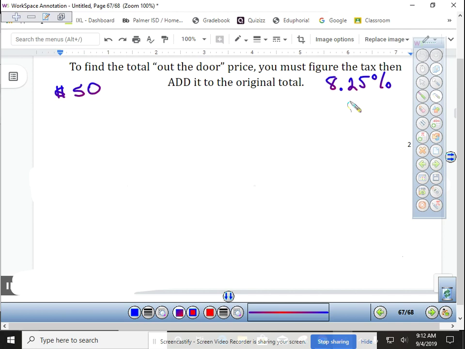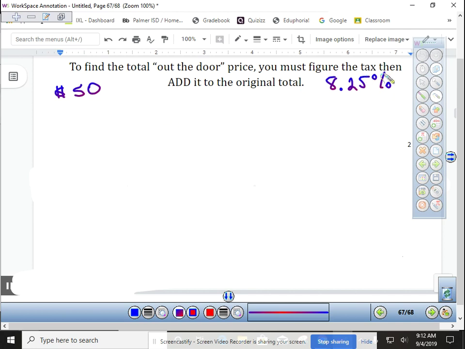What does percent mean? Guys, when you see it, what do you think? Yes, ma'am. Yes, thank you. Part, okay. Anyone else? Okay, so if I had 8.25% and Emily bought $50 shoes and I bought $100 shoes, do I pay more tax than her? Yes, because it's a part of what I paid, right?